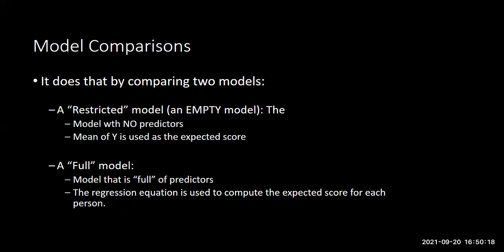It's a model with no predictors in it. If you just know one thing about everybody in your sample, then your best guess of how another person will do on that thing is to guess the mean of everybody you already know. So the mean of y is used as the expected score in your restricted or empty model.